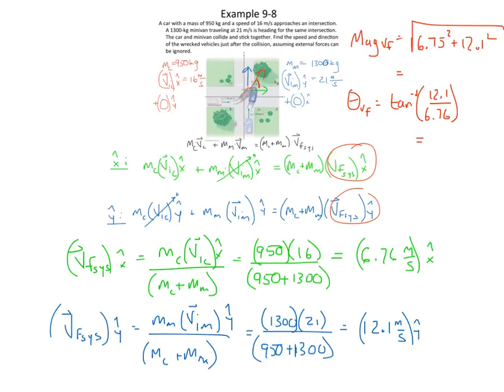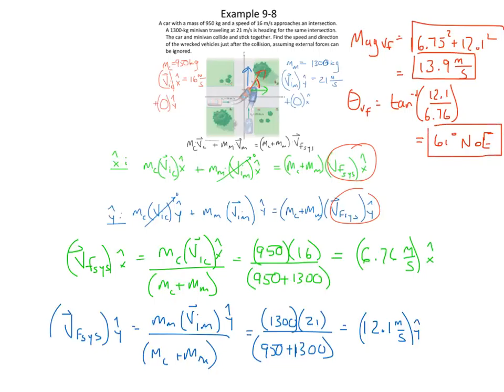So let's find our magnitude, all right? 6.75 squared plus 12.1 squared, square root, 13.9 meters per second. That's our final velocity of the whole system. At what angle? When we do the inverse tangent of 12.1 divided by 6.75, 60, round it to 61 degrees. 61 degrees north of east or above the positive x-axis, however you want to say it.